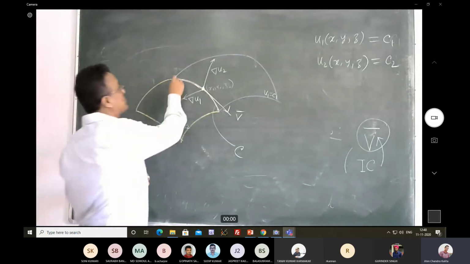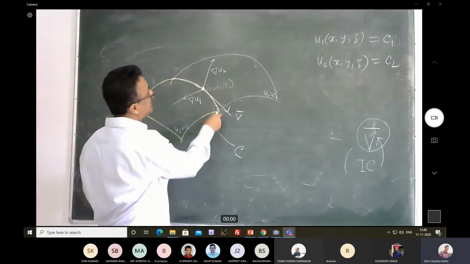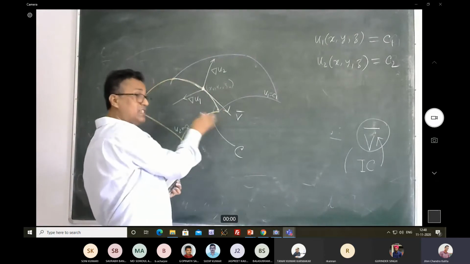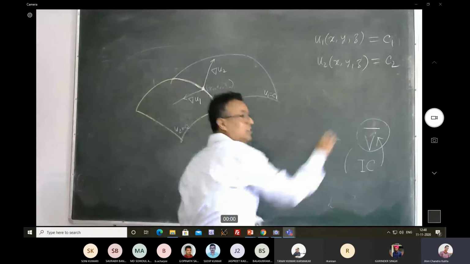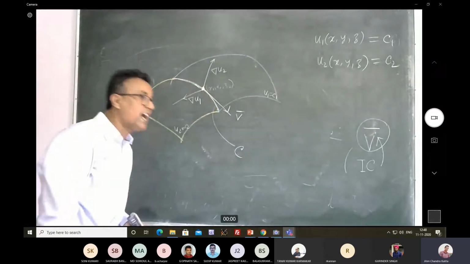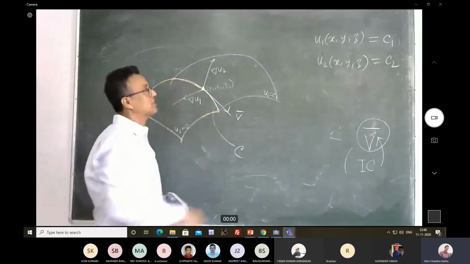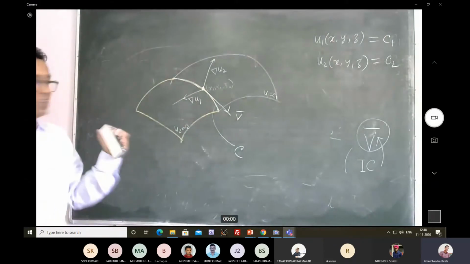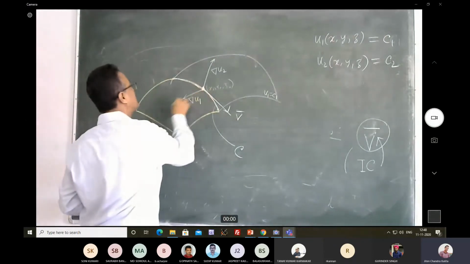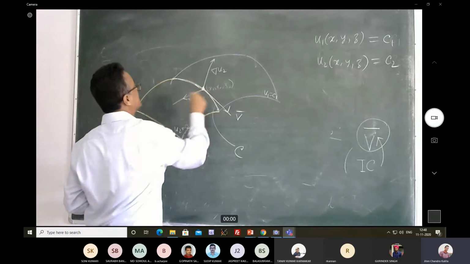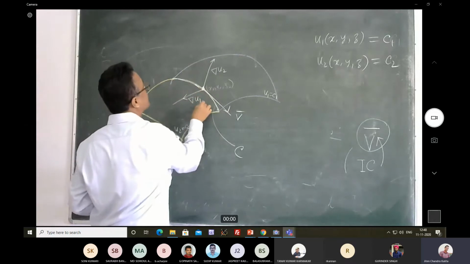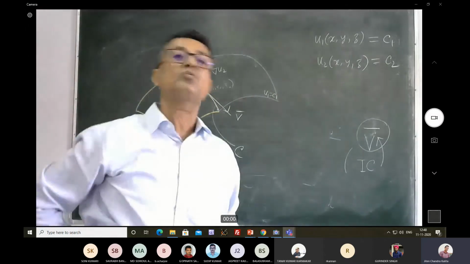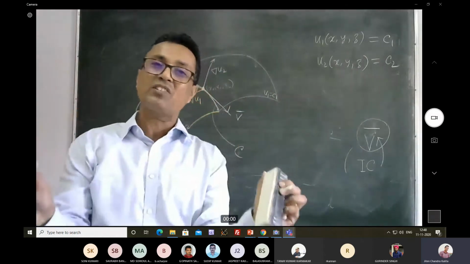So I am taking this curve C, which is an integral curve for the vector V, as the curve of intersection of these two surfaces. Now I have considered the normal vectors grad u1 and grad u2 at the point x0, y0, z0 corresponding to those two surfaces. Up to this clear now?